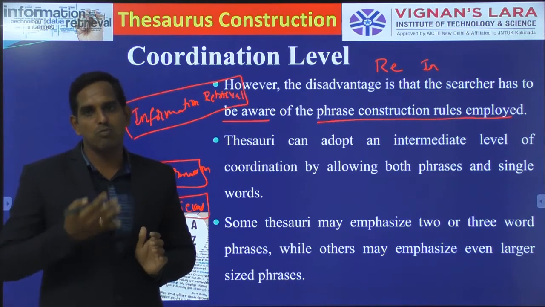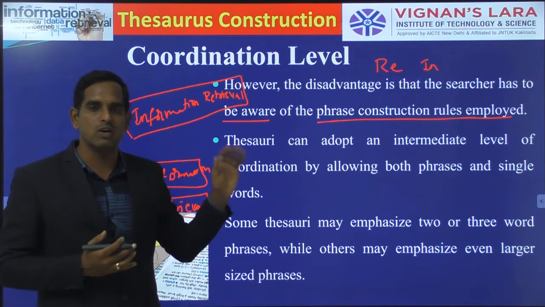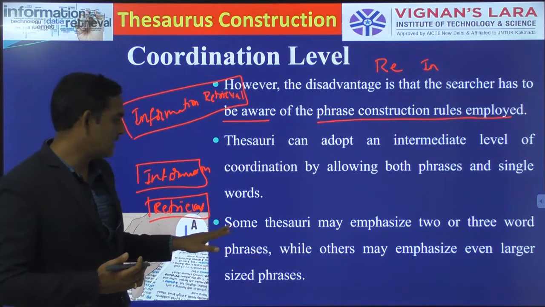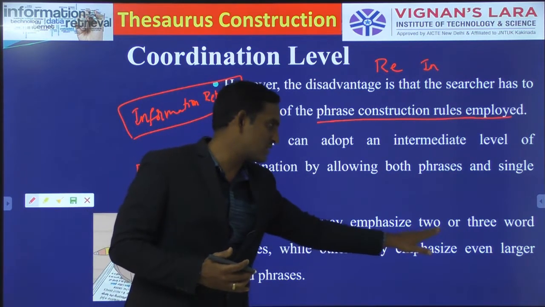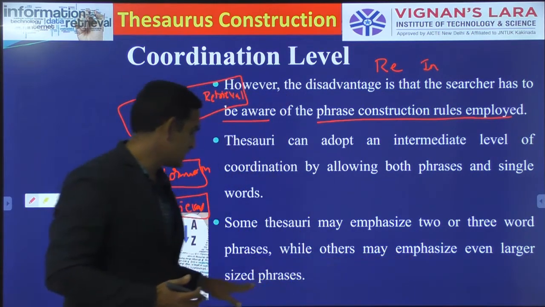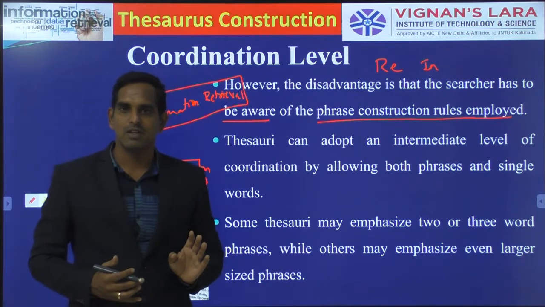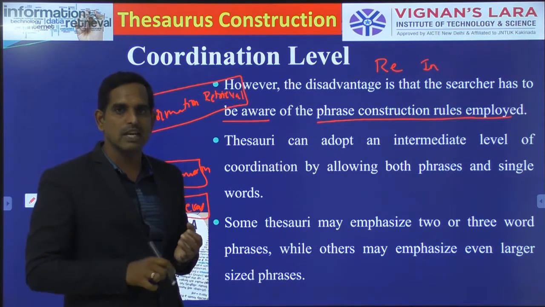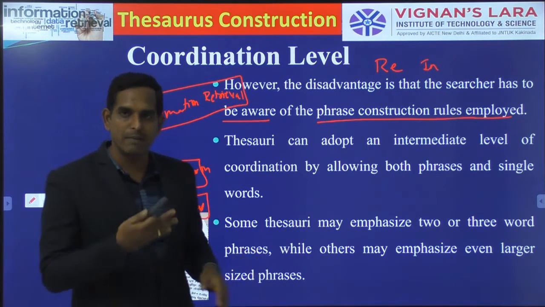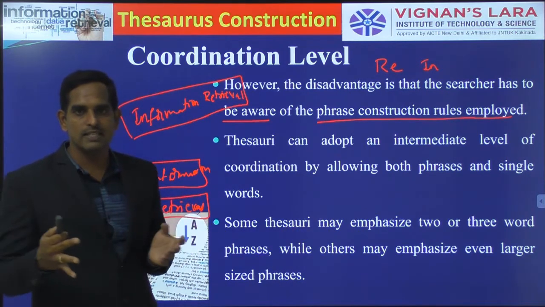You can have both phrases as well as single words in your coordination system, and some thesauri may emphasize two or three word phrases while others may emphasize even larger phrases. So you might have single words, or two word phrases, or three word phrases or larger phrases.